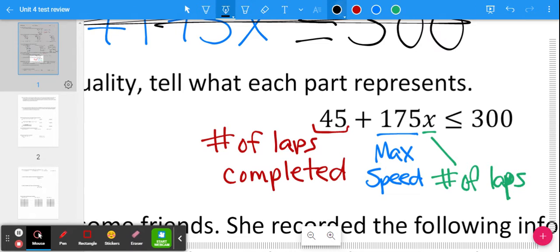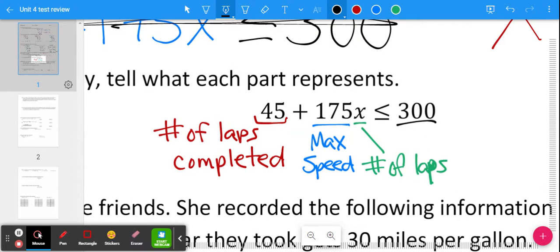And then last but not least, the 300. So the less than or equal to 300, that's his goal.